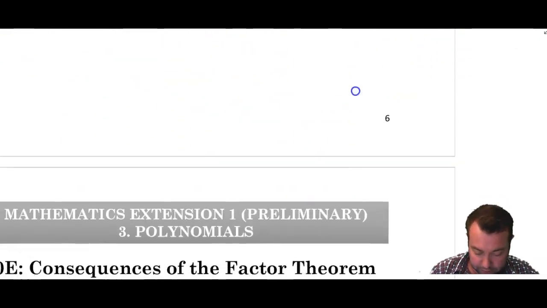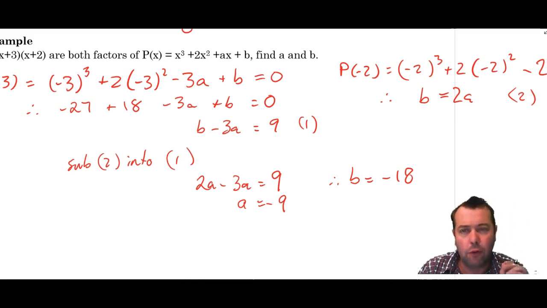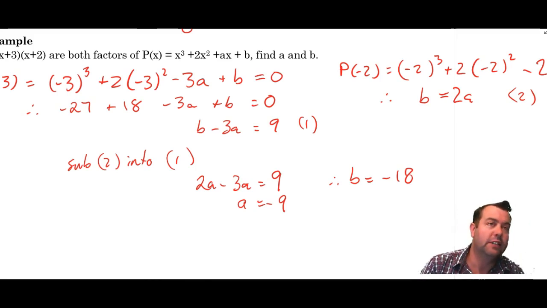Okay, I think that's it. That's it for the factor and remainder theorems. They're quite important. There's a little bit to them. Straightforward enough, I suppose, that the remainder theorem tells us that if I divide a polynomial by x minus a, then the remainder will be the function of a.